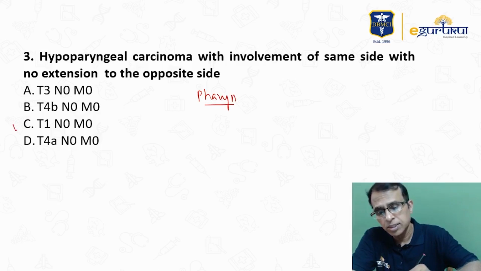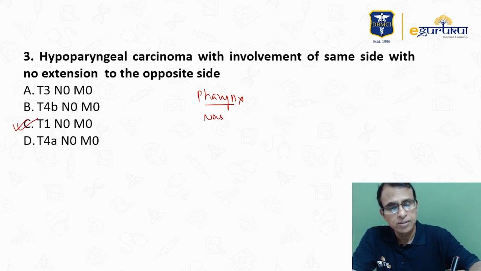The answer is T1N0M0. Now the pharynx has three parts: nasopharynx, oropharynx, and laryngopharynx.